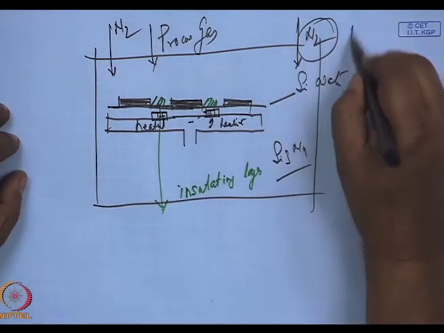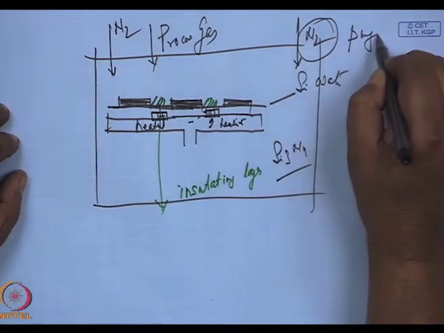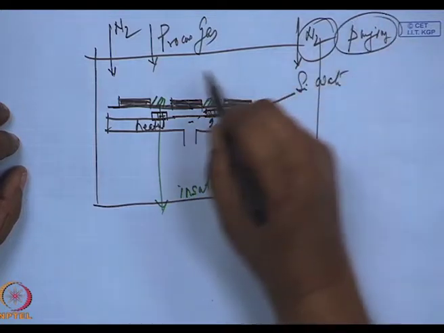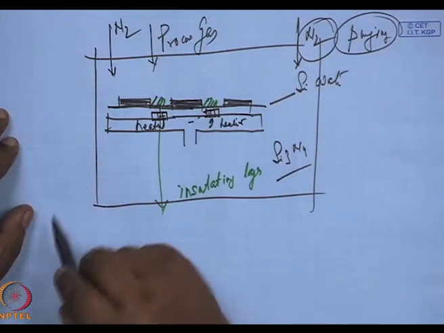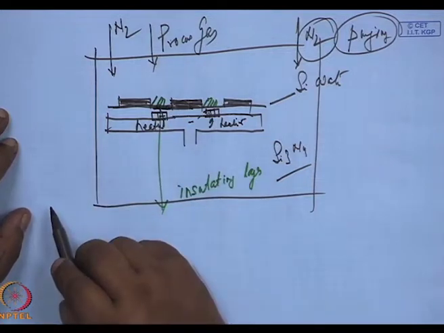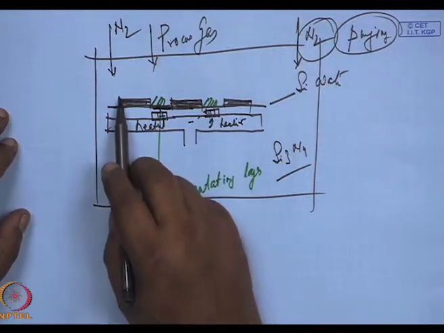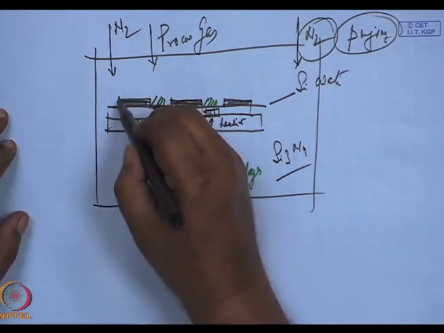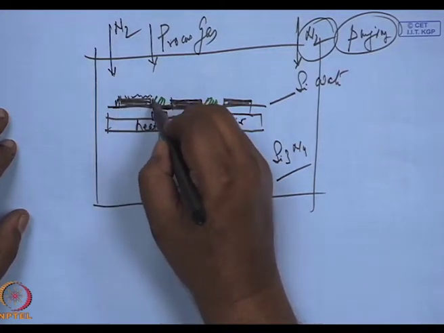Nitrogen is used for purging the process gas. This will come and deposit only on this via. It may also deposit here, but all these surfaces are coated, which can be removed.